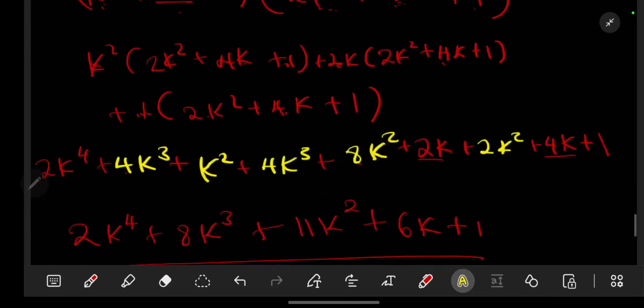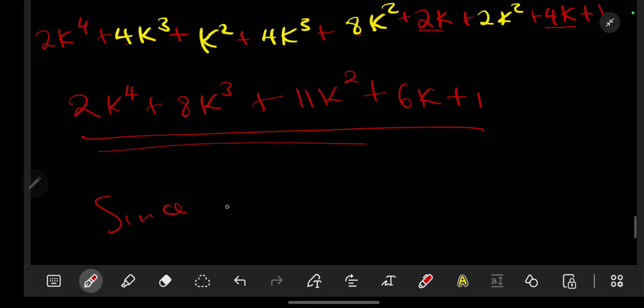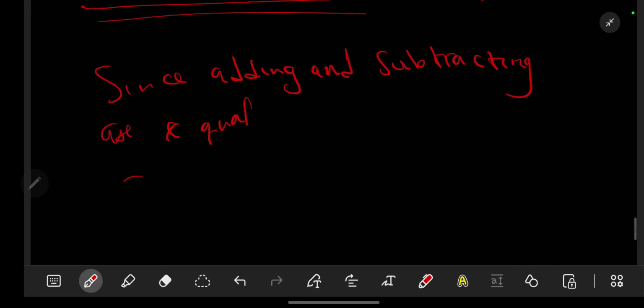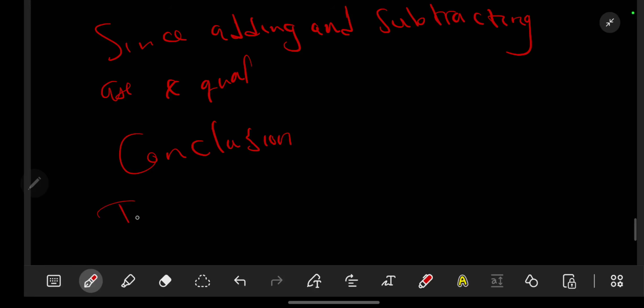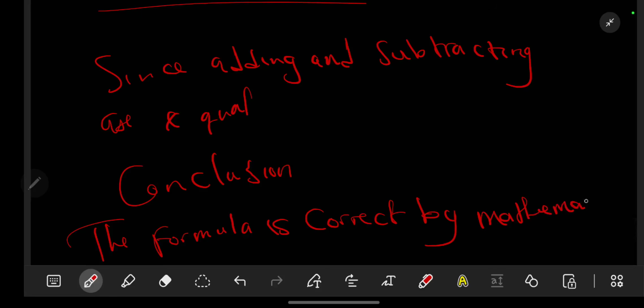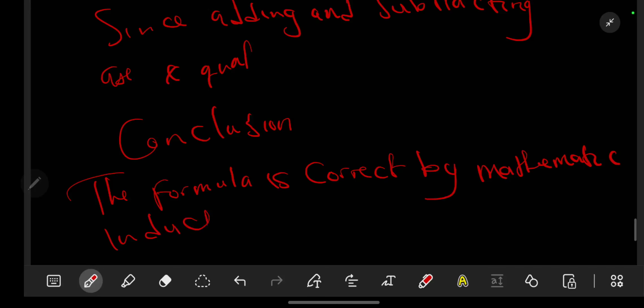So therefore we can say that since adding and subtracting gives equal results, then that simply means to say the conclusion will be that the formula is correct by mathematical induction. So that is how we solve that.